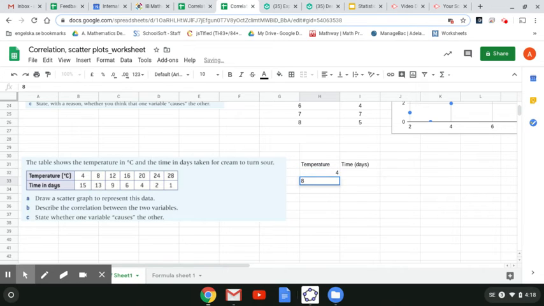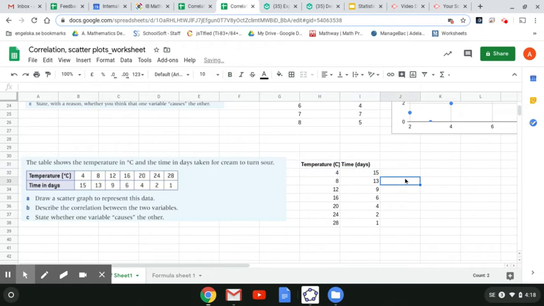So 4, 8, 12. So we can also write units. So let's say it's degrees Celsius.